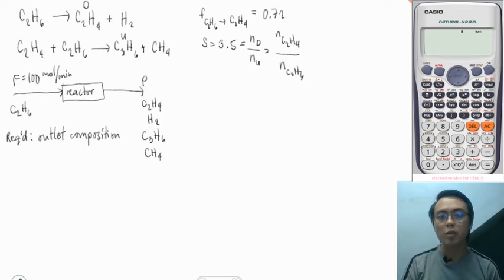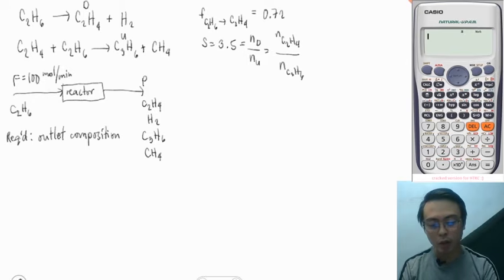Even though C3H6 and CH4 are undesired products, they would still appear in the product side because they are being produced even in small amounts. Now, this is still incomplete. We should also include the reactants. In this case, our reactant is C2H6 for the first equation.